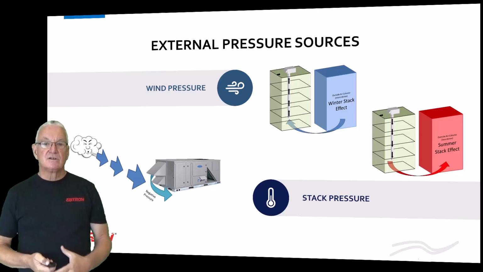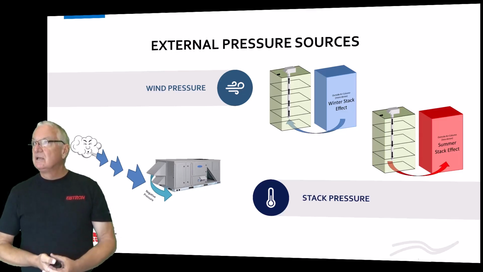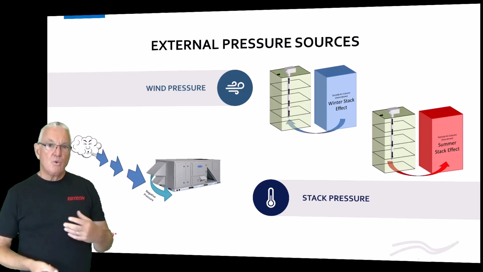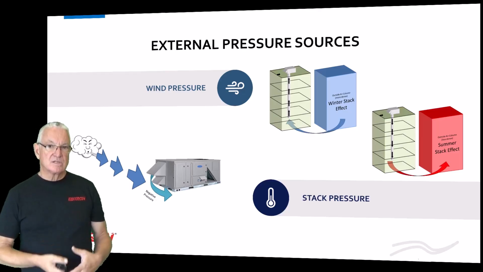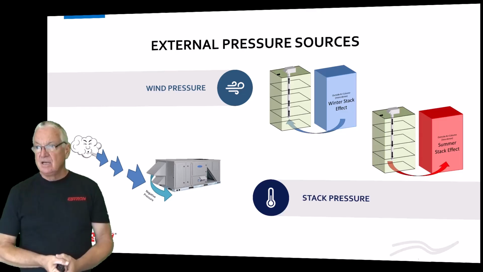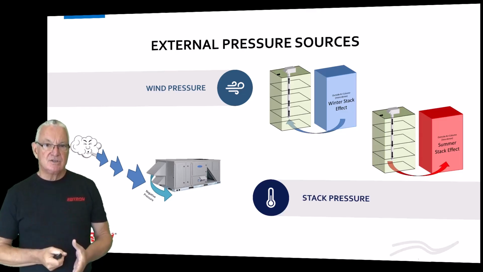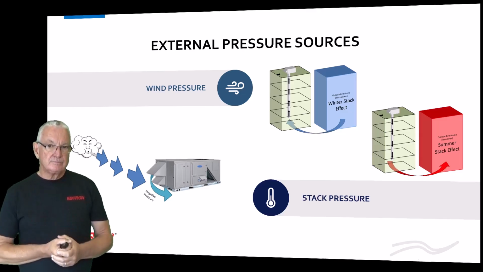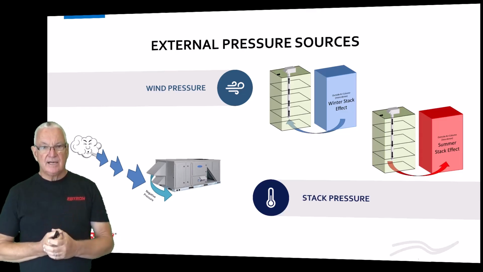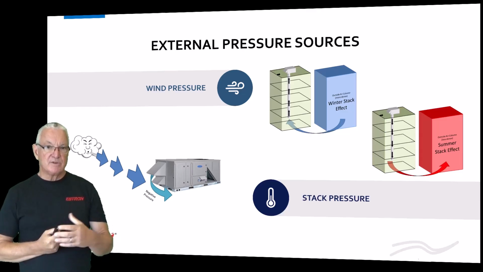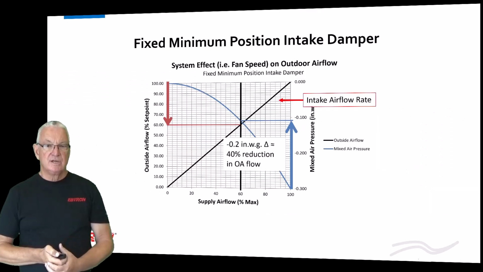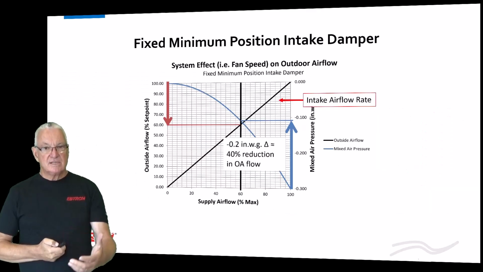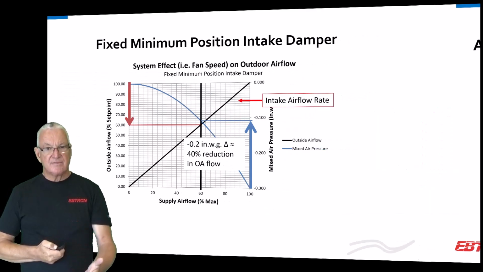These are big deals. So the next question would be, what kind of wind pressure or stack pressure change do we need to see the same kind of changes on the intake system that we saw from supply fan speed changes? So we take a look at this again, a 2/10 of an inch change.